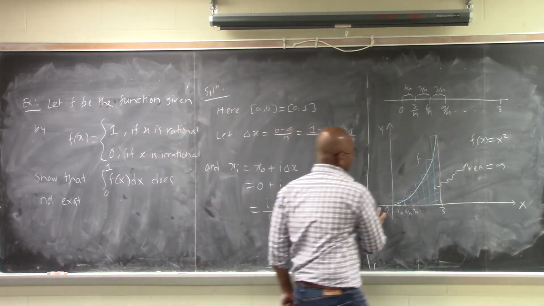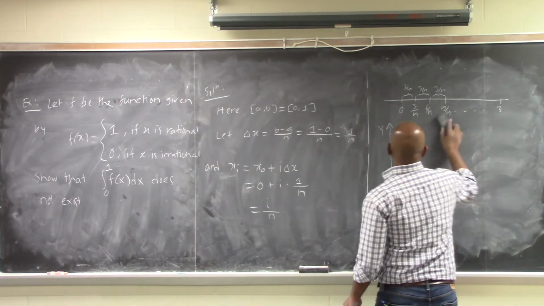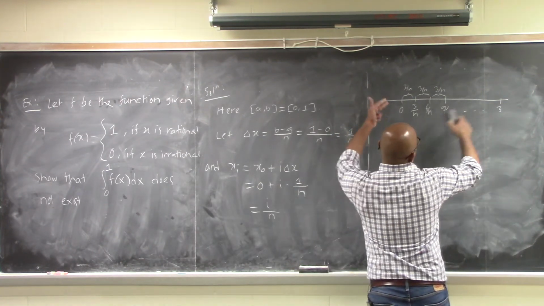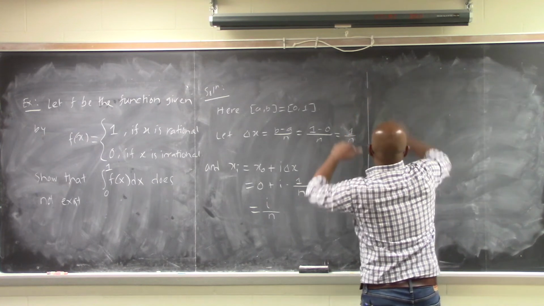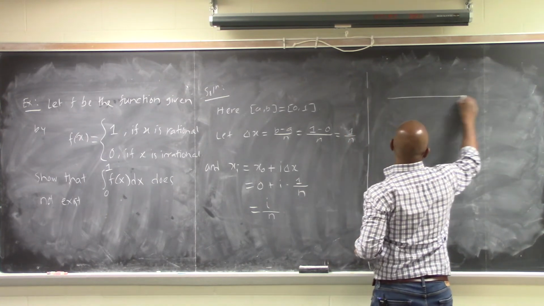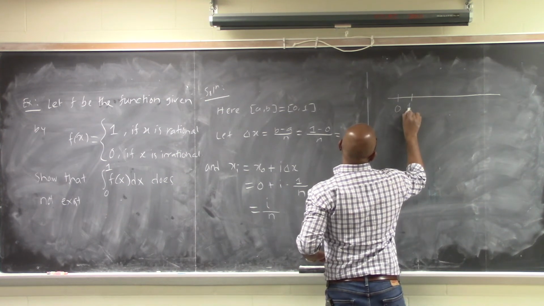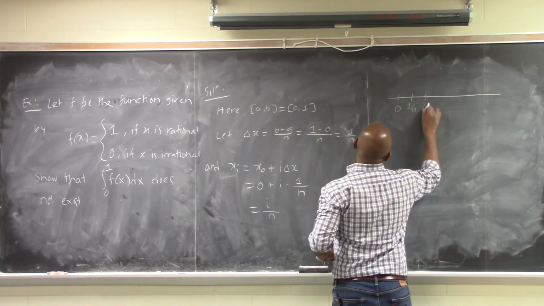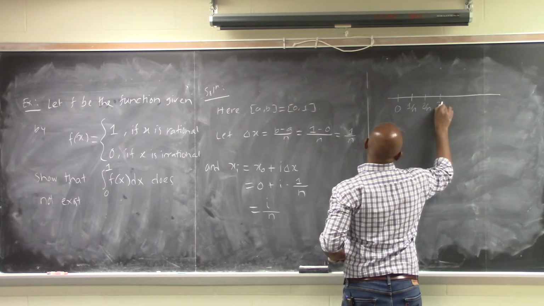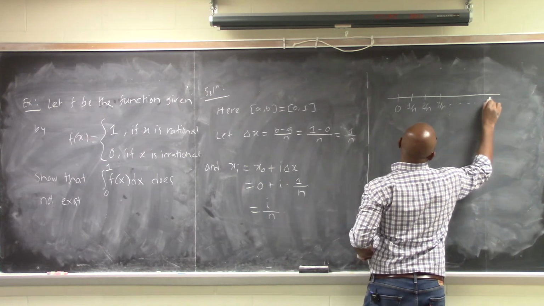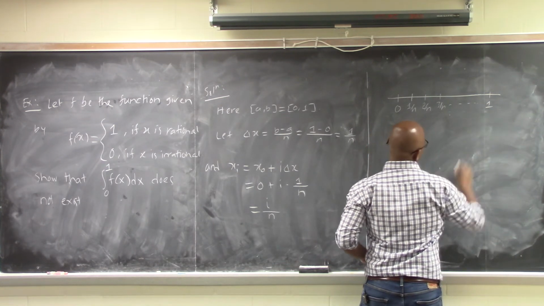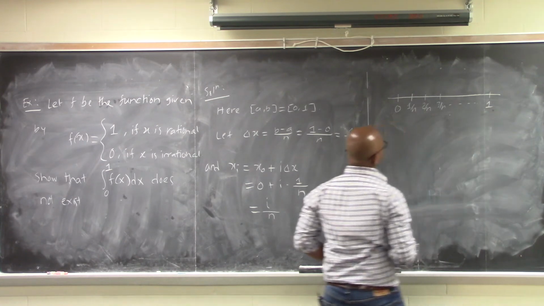So that means, yeah, I actually have to draw a similar picture here. So this is, say, 0. Then the next one will be 1 over n, and the next one is 2 over n, and then 3 over n, and so on, until the last one, which is n over n, which is just 1.